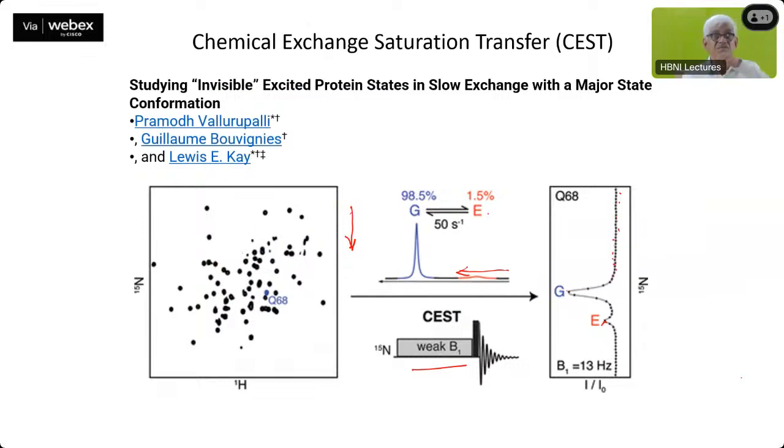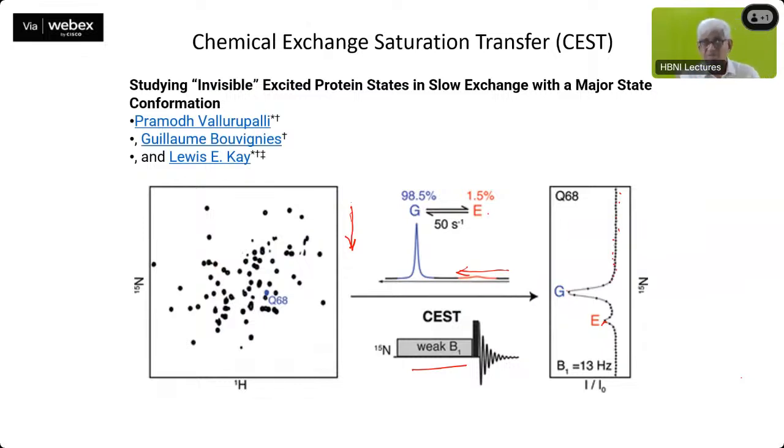The things which are invisible in the normal situation, you are able to detect here. You have to do trial and error, different experiments, keep changing the B1 frequency in small intervals, applying only a small RF field. Then suddenly at some point you see the effect, and at other points you will not, because there is no signal there exchanging with the water or some other state, not necessarily water.